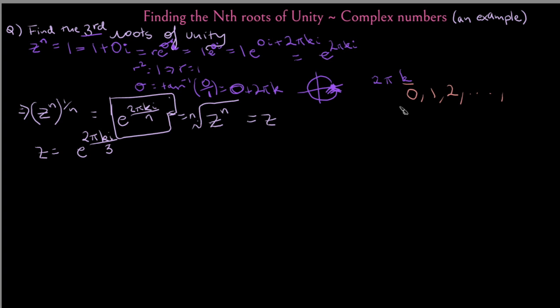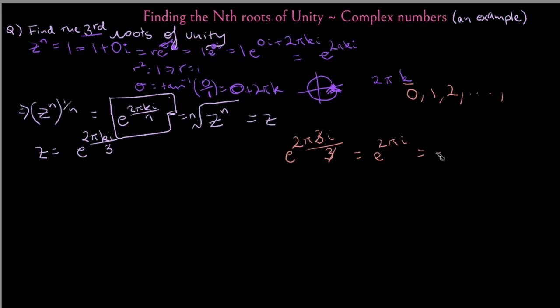Notice in this case, when we reach k equal to 3, we're actually going to get e to the power of 2 pi 3i over 3. And this will cancel out, and this will give us e to the power of 2 pi i.